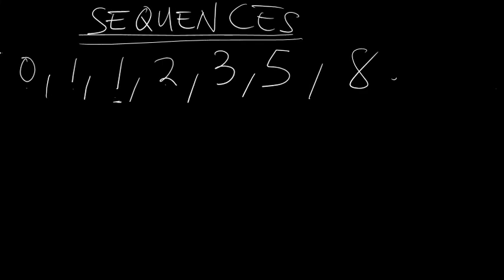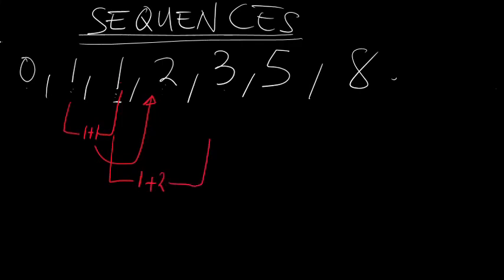Now, to get this is 1 plus 1, 2. Yes, this one is 1 plus 1. This 1 plus 1 gives us this. Then this other one is 1 plus 2 gives us what? 3.